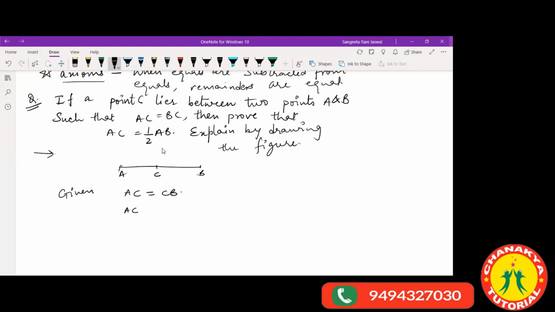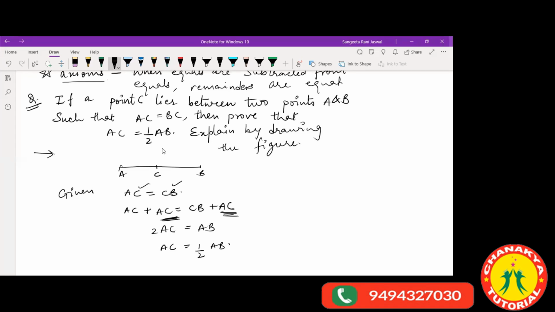If we add AC to AC, and if we add AC to CB, I'm adding equals. These were already equal, and I'm adding something equal to it. So that gives me 2AC, which is equal to CB plus AC, which is AB. And I can write AC is equal to 1 by 2 AB.